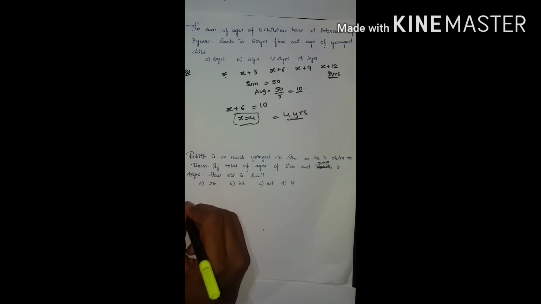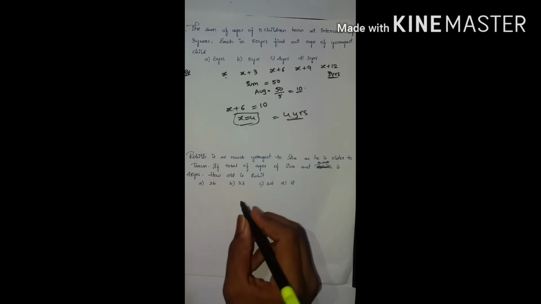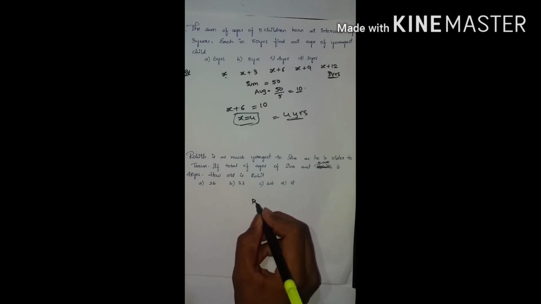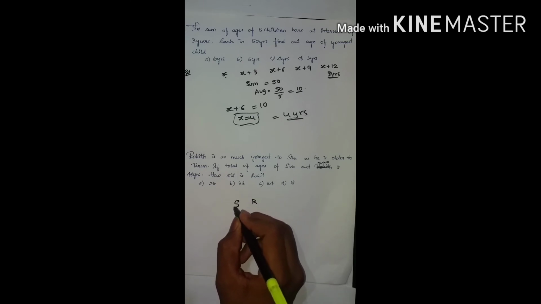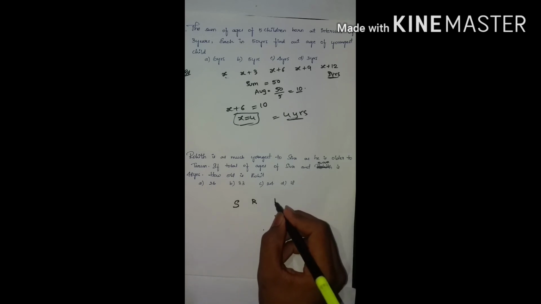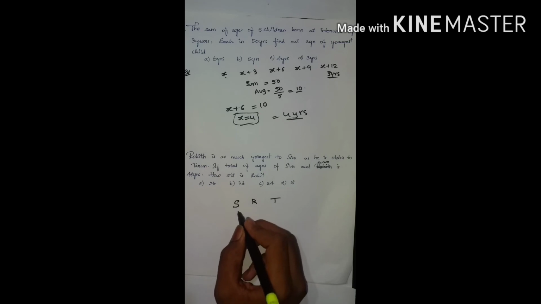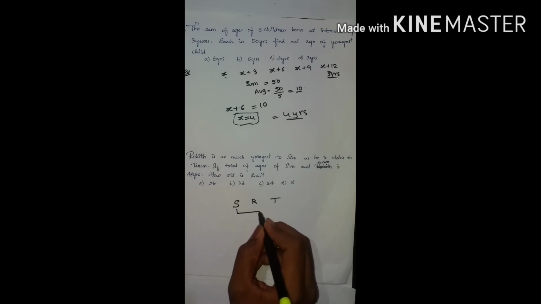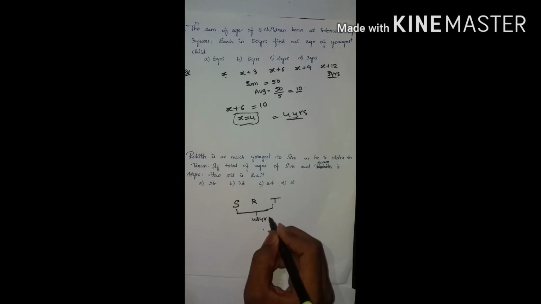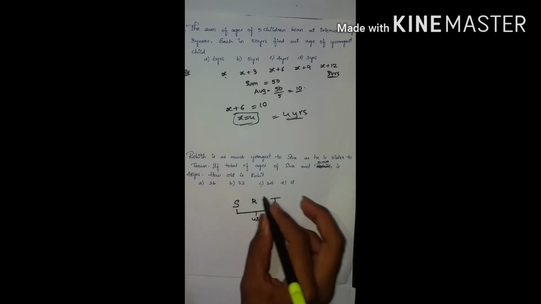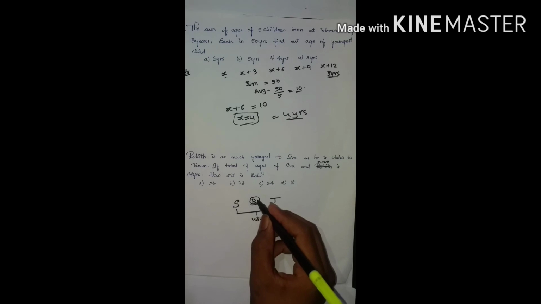So in the question it is given that Rohit is as much younger than Shiva and older than Tarun. If the total ages of Shiva and Tarun is 48 years, how old is Rohit? We have to find Rohit's age.